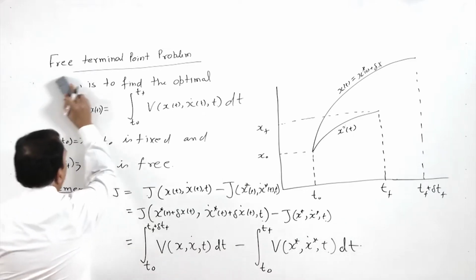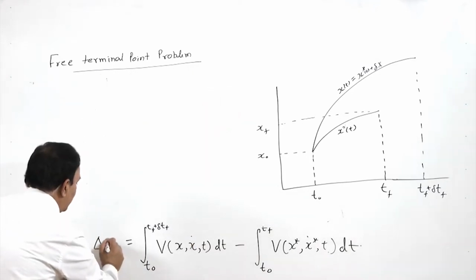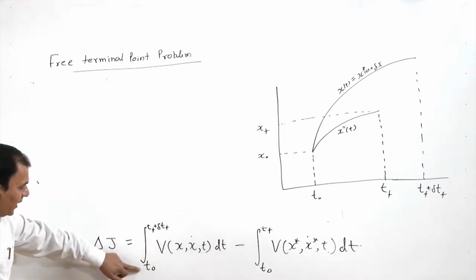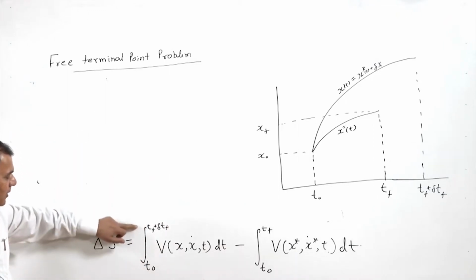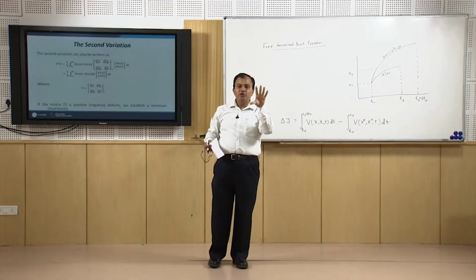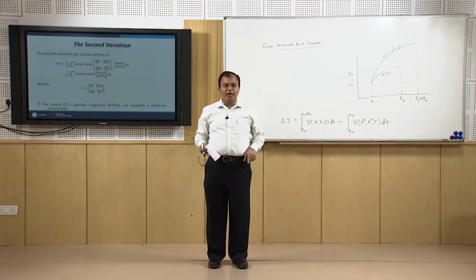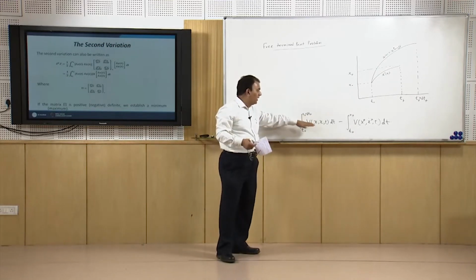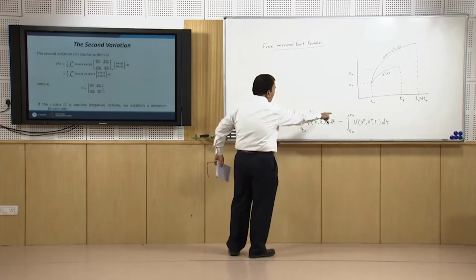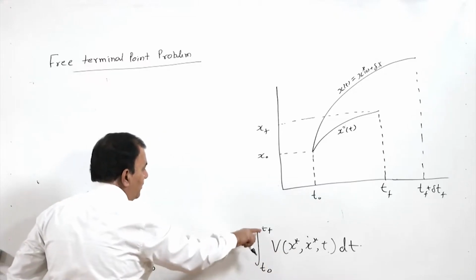So, my increment delta J is given by this equation. Now, here we have the integral limit from t0 to tf plus delta tf. This we will break into t0 to tf and then tf to tf plus delta tf. So, we are breaking this integral into two integrals. The first integral we can club with the second one, because both are from t0 to tf.